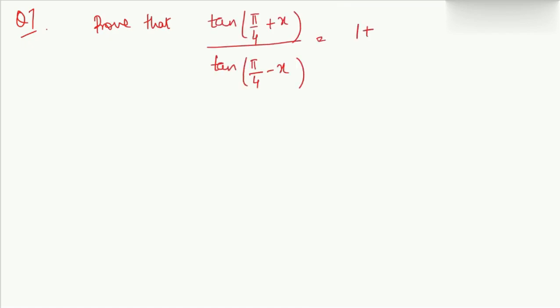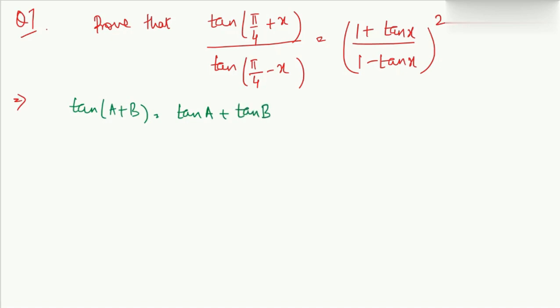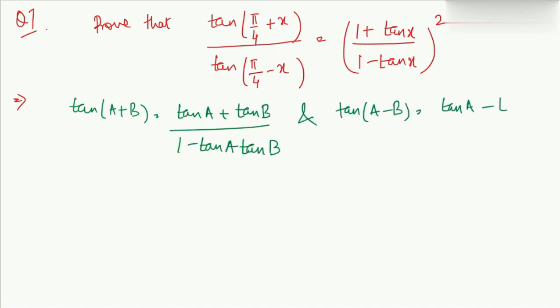Question number 7. Prove that tan (π/4 + x) upon tan (π/4 − x) is ((1 + tan x) upon (1 − tan x)) whole square. So we know the formulas for tan (A + B) and tan (A − B). We'll put these formulas in the left hand side.